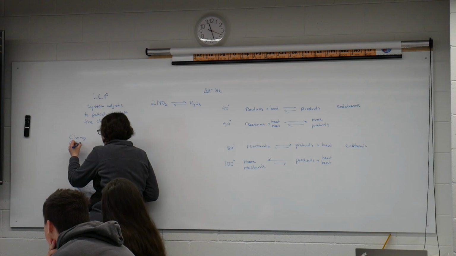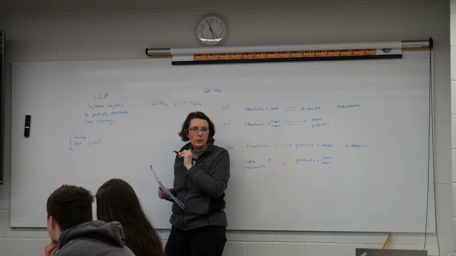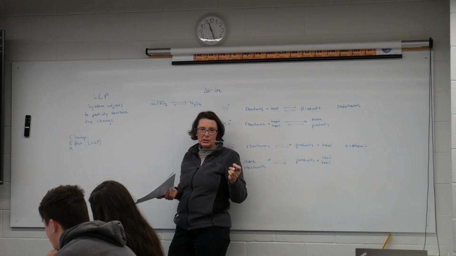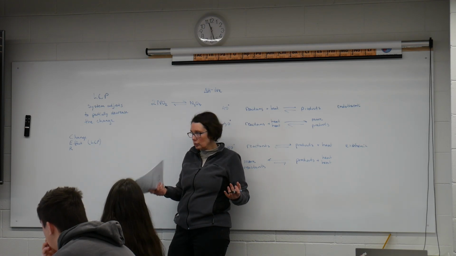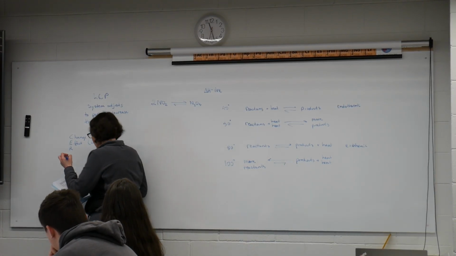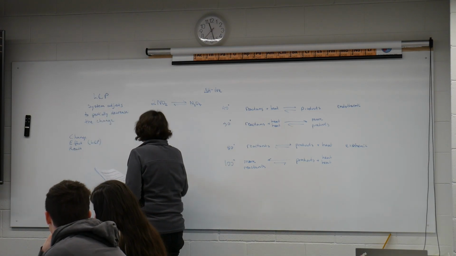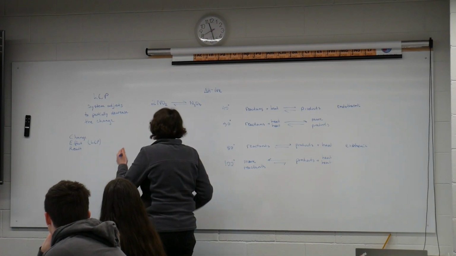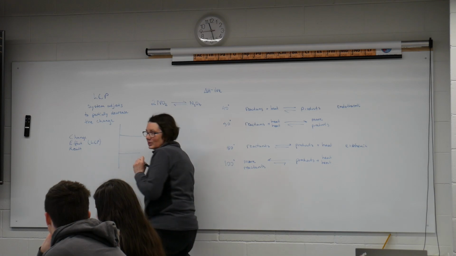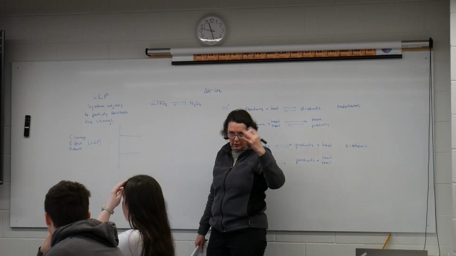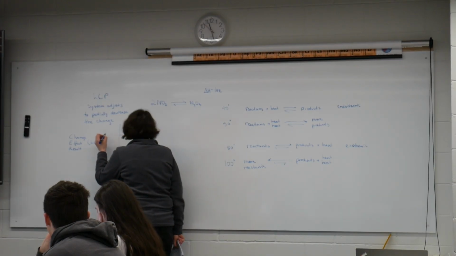You write down the effect, and you must always refer to Le Chatelier's principle in the effect, because this is your justification, the scientific knowledge that you're using to say what's going to happen, and then there we have the result. So here we have this reaction, and we're going to assume that we're starting at equilibrium. So it doesn't matter which one's on top, the reactants or the products, but we have straight lines to represent it.